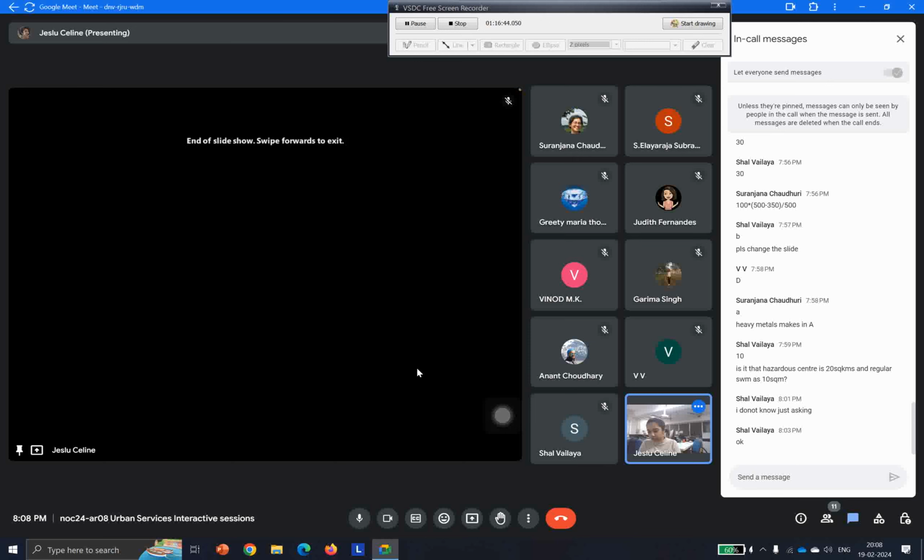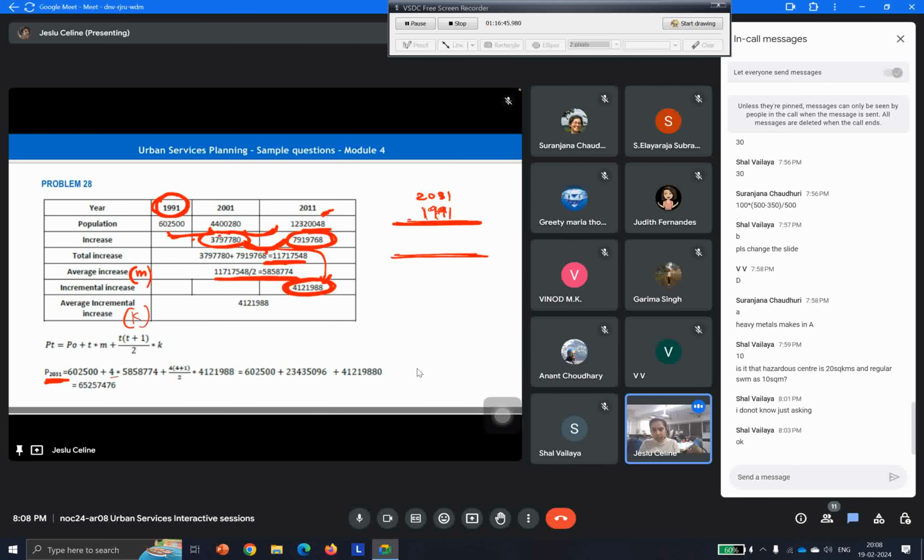So from 1991 to 2031 there are 4 decades. I'm sorry, I said K, it is T. So we have taken T as 4, and K, as discussed before, is the incremental increase.